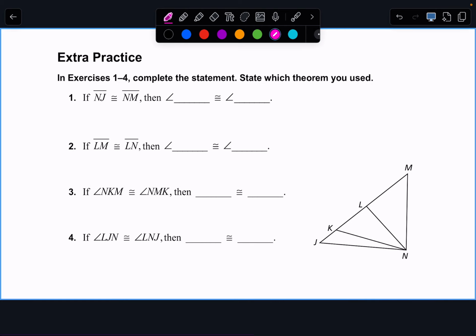Okay. Now, down here, there are some if-then statements we need to fill out, so I want to go through this together. So I'm going to use my highlighter to help you out, okay? If NJ and NM are congruent, then, Austin, help me out, which two angles are congruent?